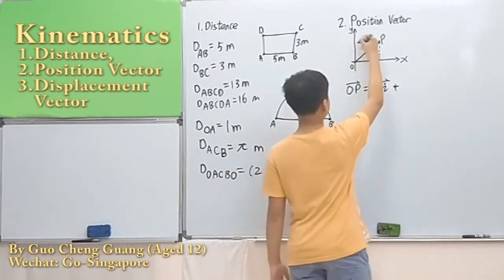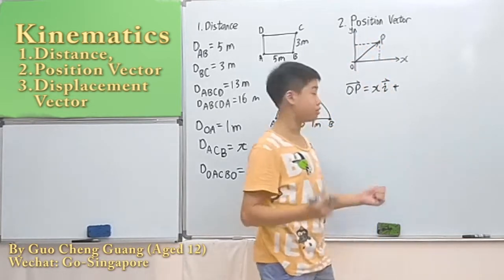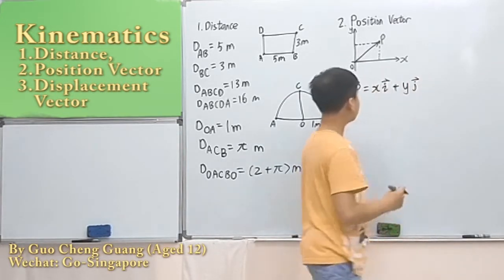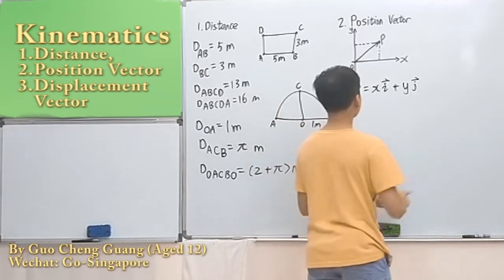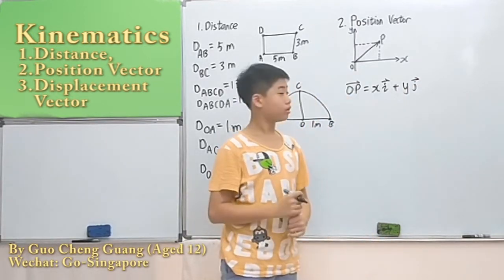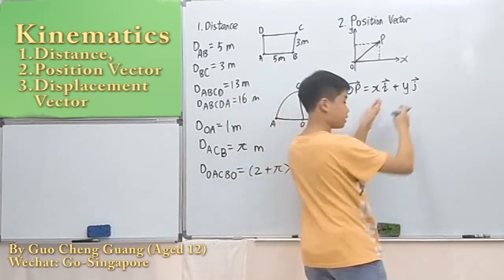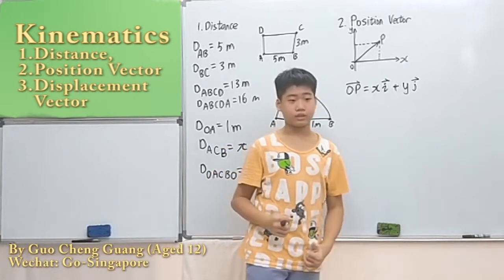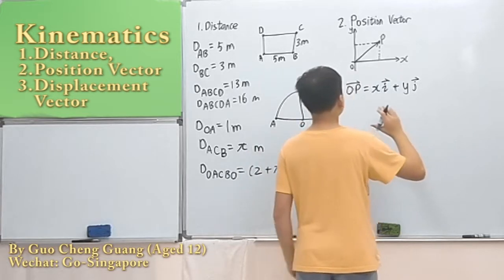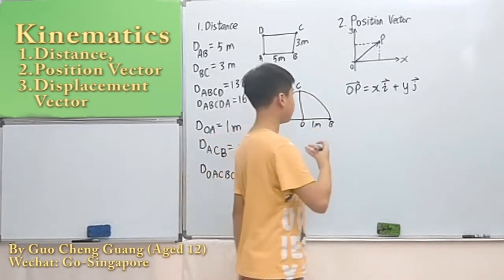Since it also went up this much, we can use that as y. For y, it will be a j vector, which is for its y component. Both of these are unit vectors. So that is the position vector.